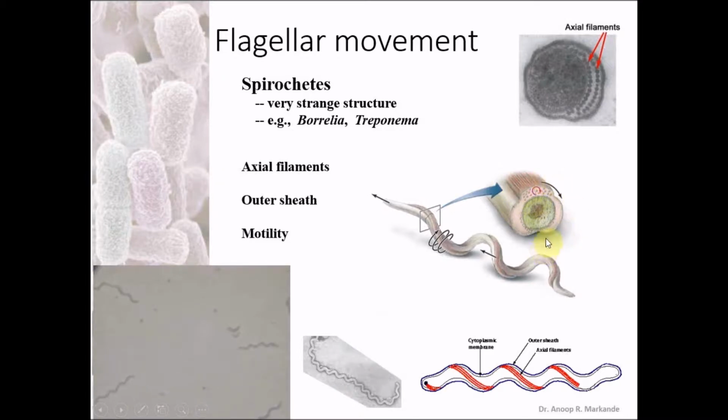This sheath helps the bacterium in coiled type of movement, a motility which is typical for spirochetes, as can be seen here. This movement is the spiral movement of typical spirochete.